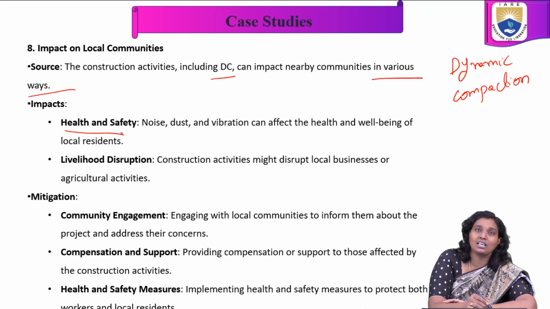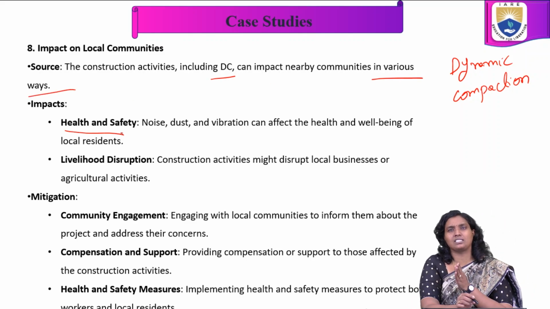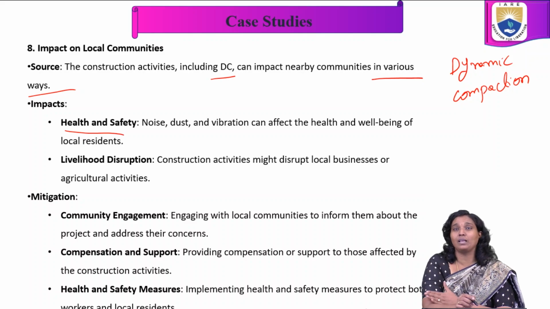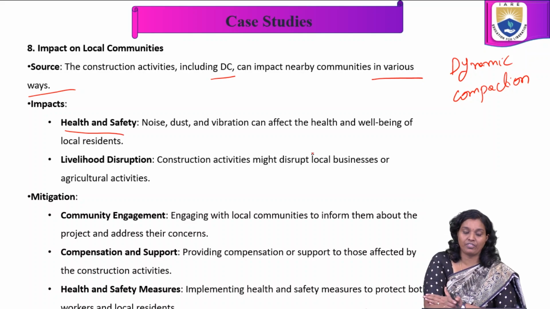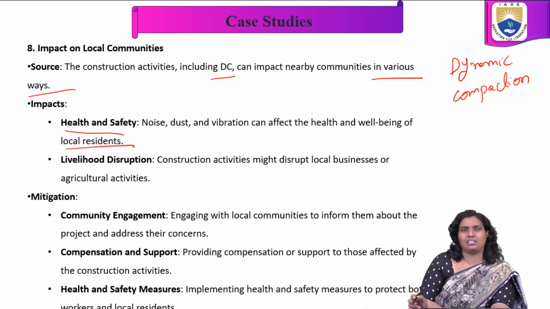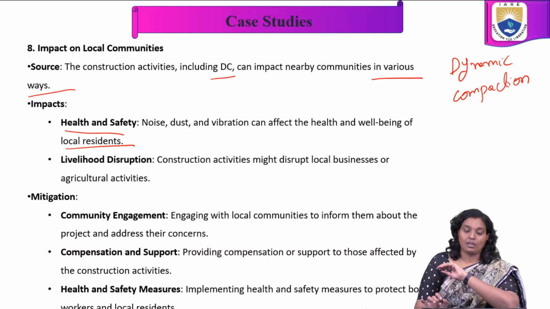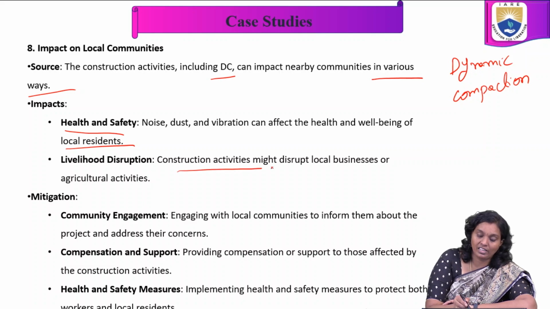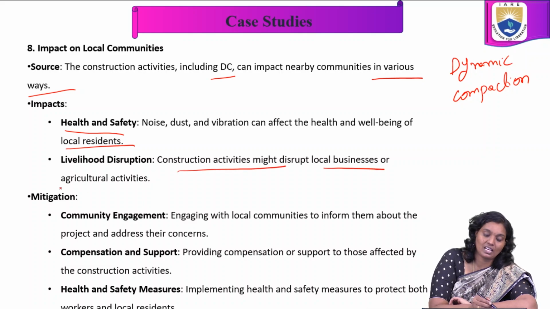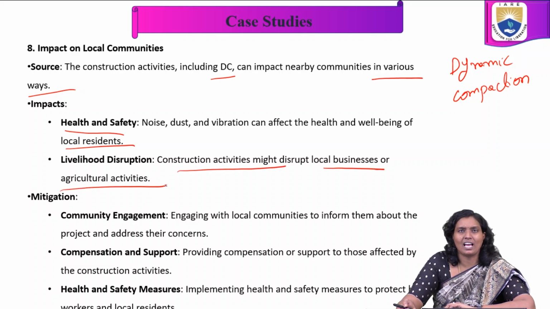Those are health and safety. Noise, dust, and vibration can affect the health and well-being of the local residents. And also livelihood disturbance. Because of this construction activity, it might disturb local businesses or agricultural activities as well.